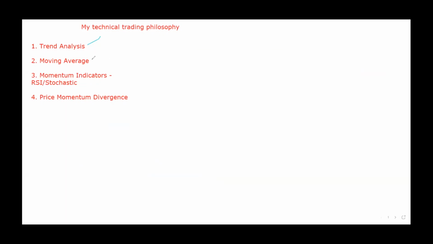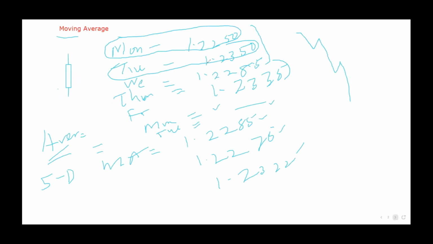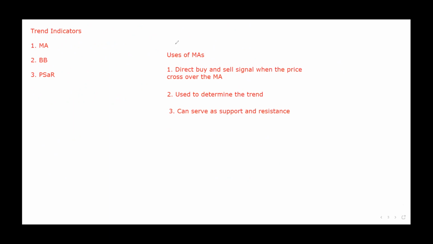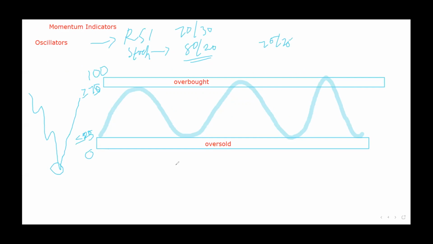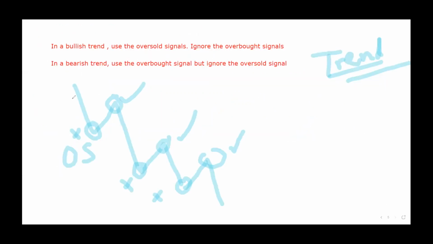And we talked about the moving average, the different ways we can use it, and the momentum indicators, the different ways we can use them, and the best way to use them in the context of the trend.